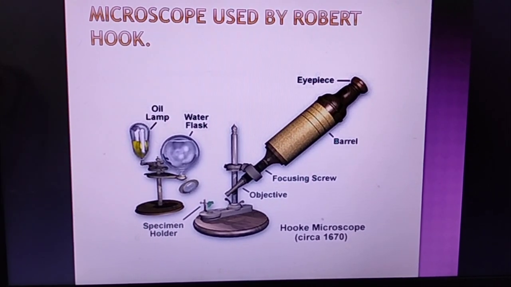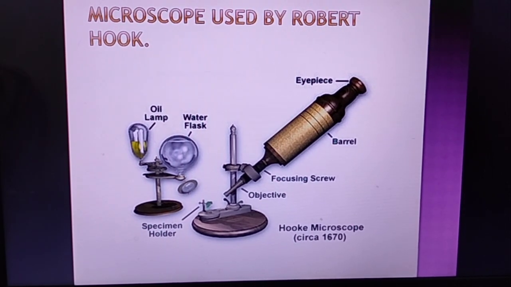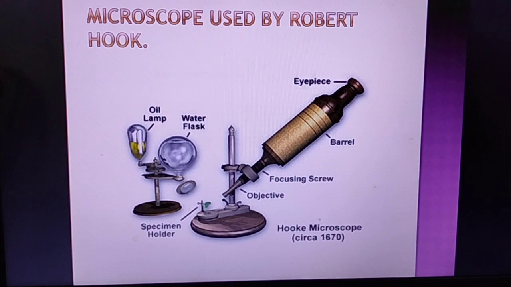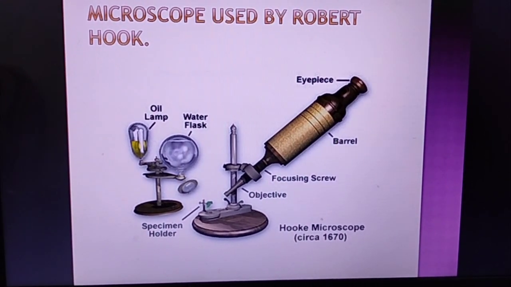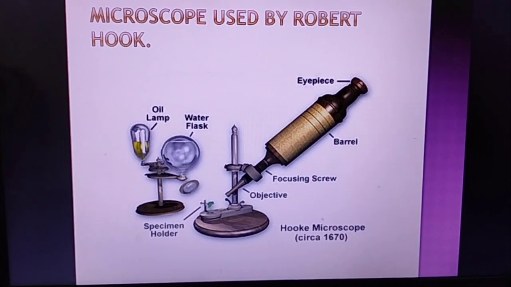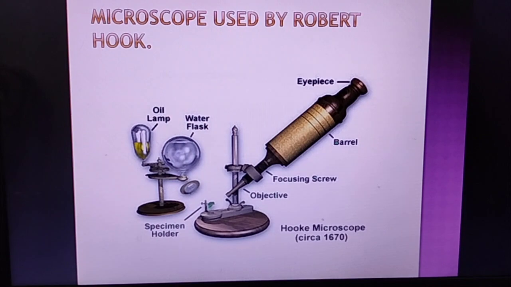This is the water flask and oil lamp. With the help of the eyepiece we can look into the compound microscope and observe the particular specimen. So this was the first microscope developed by Robert Hooke.